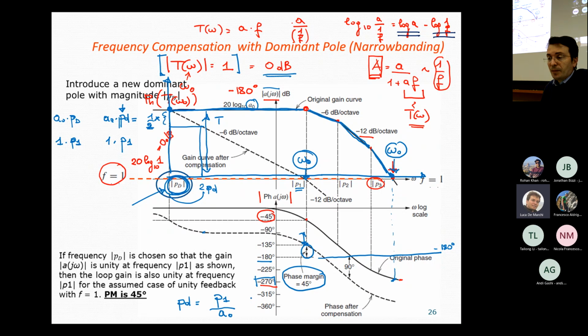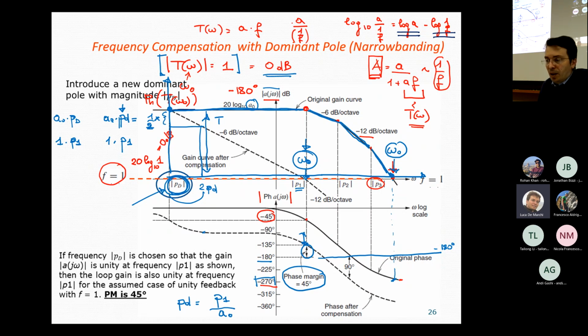So let me recall the fact that phase margin is computed as the distance of the phase curve with respect to minus 180 degree when the modulus of T of j omega is equal to 1.